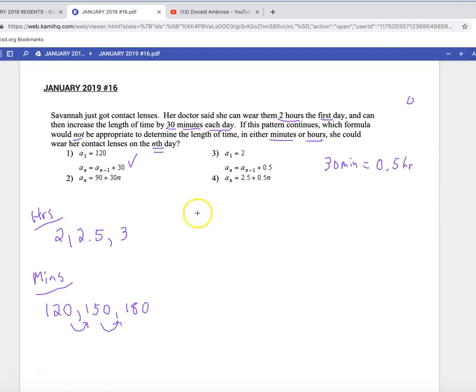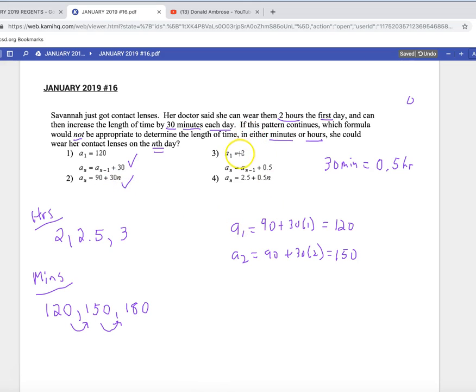If we plug 1 in for n, a sub 1 would equal 90 plus 30 times 1, and that would give us 120, which is indeed the first term in this sequence. If we plug in 2 for the second day, we get 90 plus 30 times 2, which would give us 150. This form is working.